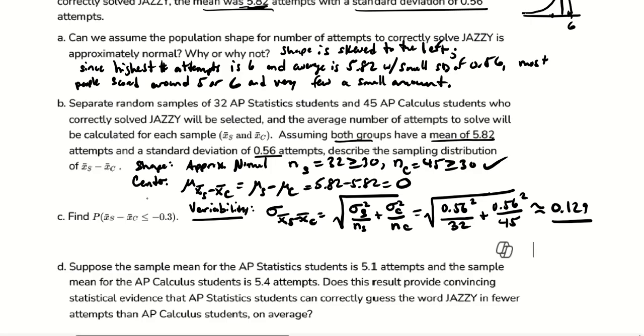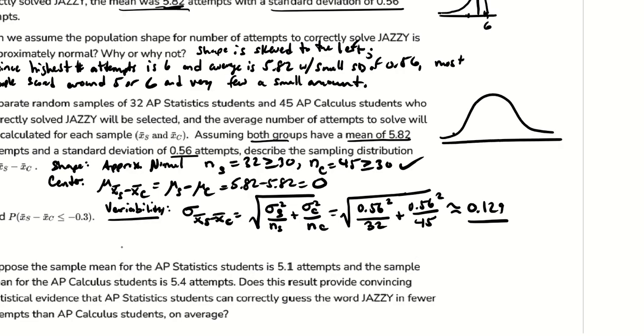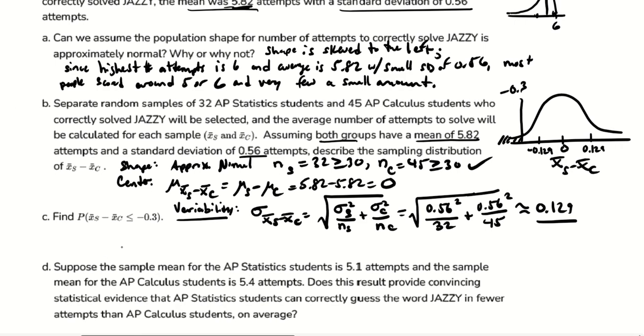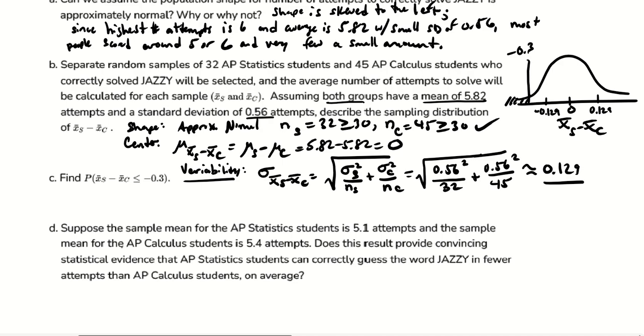All right, and then they want you to find the probability of that. So I'm just going to do a quick graph. This is X bar S minus X bar C. This is going to be the mean of 0. It's going to go by 0.129s. We want it to be less than or equal to negative 0.3. It's going to be a small probability. So the lower is negative infinity, the upper is negative 0.3, and we have our mean and standard deviation.